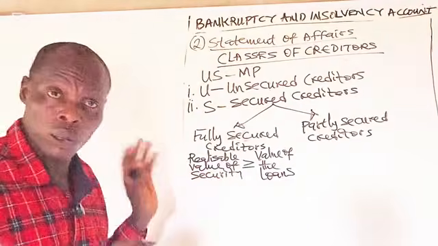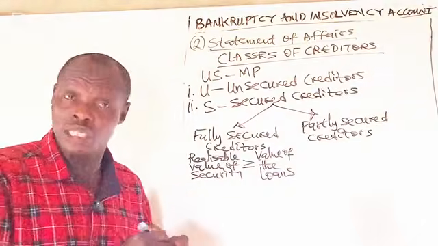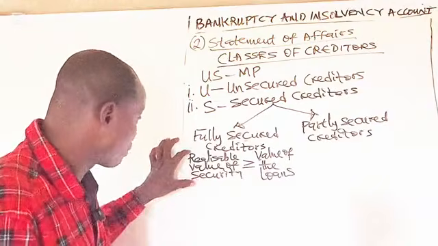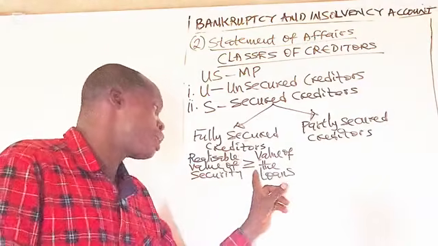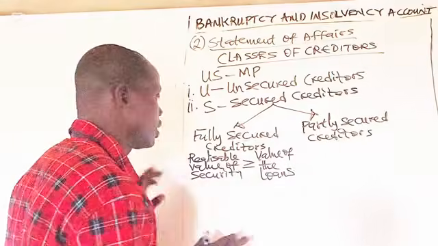You don't use the book value. What you should compare is the realizable value, not the book value. If the realizable value is greater than or equal to the value of the loans, you know that the creditors is fully secured.